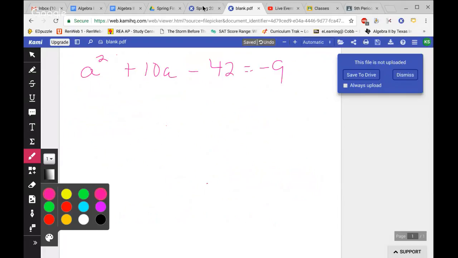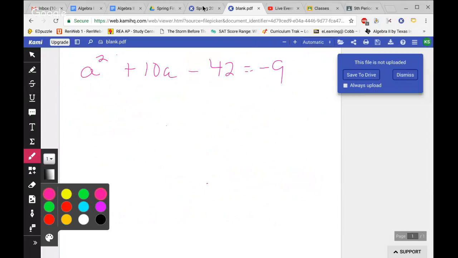So once again, we're going to create that space to complete the square. In order to complete the square, I need to not have a constant term on the same side. I need to get my constant term over to the other side, because I want to create the perfect constant term to make a perfect square.